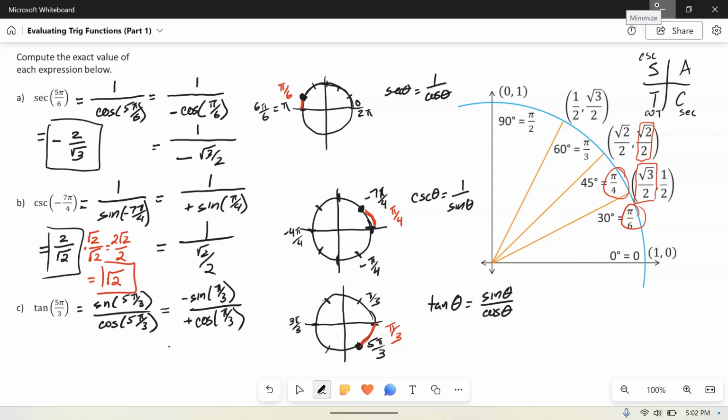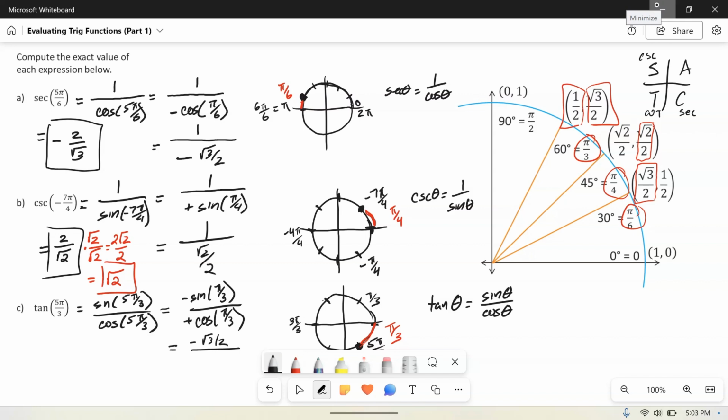Okay, so let's go ahead and finish this up. What is the sine at pi over 3? So to find our pi over 3 angle, which is 60 degrees, sine is the y-coordinate. So we have a negative square root of 3 over 2 divided by the cosine. So cosine at pi over 3 is the x-coordinate, which is a half.